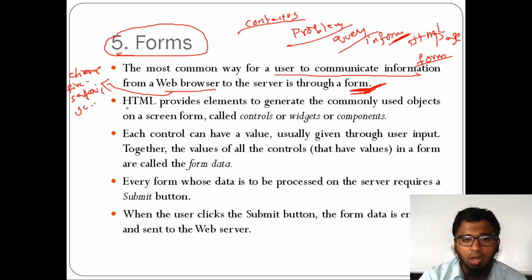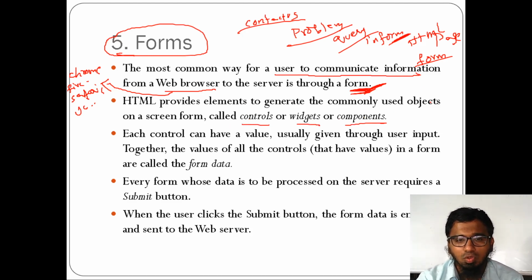Next point, HTML provides elements to generate the commonly used objects on a screen form called control, widget or components. These are all the same. So the HTML provides elements to generate the commonly used objects on the screen form called controls, widgets or components.